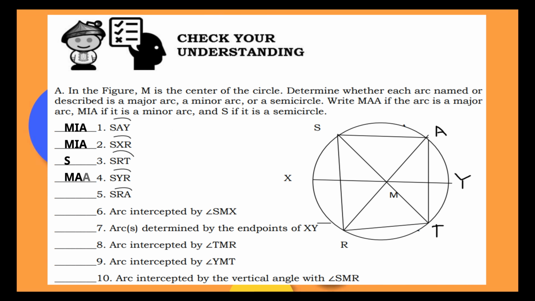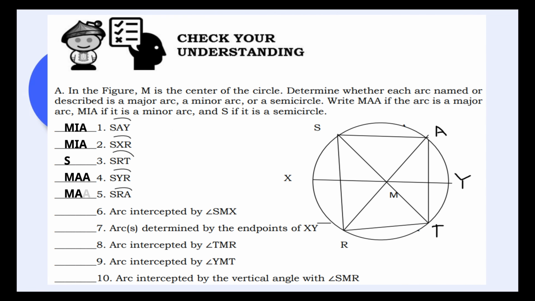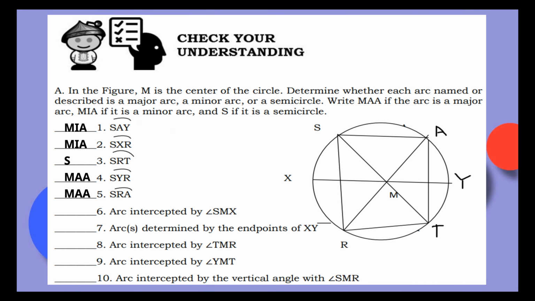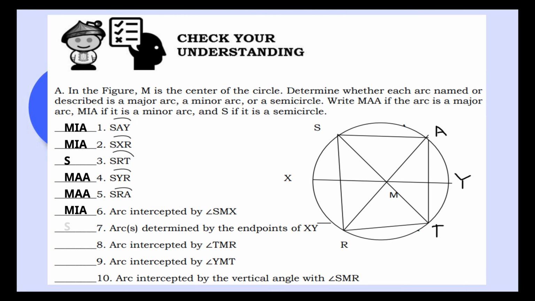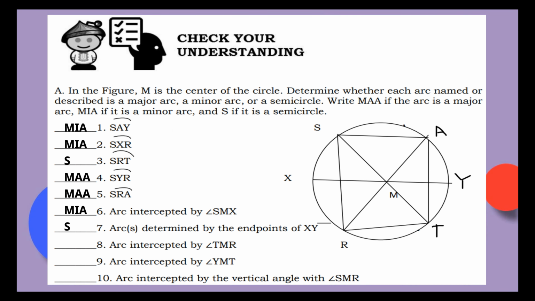Number 5, arc SRA is MAA. Number 6, the arc intercepted by angle SMX is MIA. Number 7, the arc or arcs determined by the endpoints of XY is S.